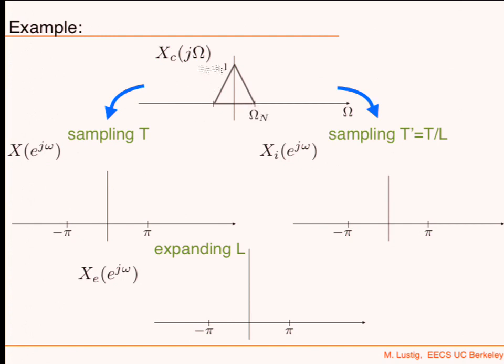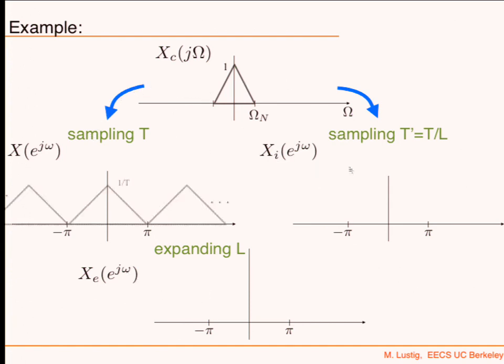Then I'm going to sample it at sampling period T, and I'm also going to sample it at T prime, which is T over L, so faster. I want to show that if I expand, upsample, and filter, I'm going to get back this. So going through here is the same as going through here.